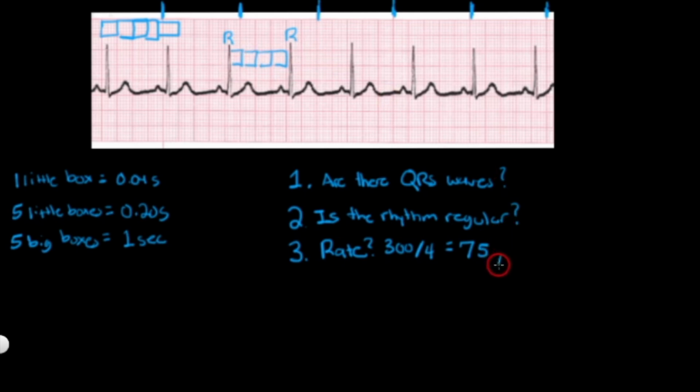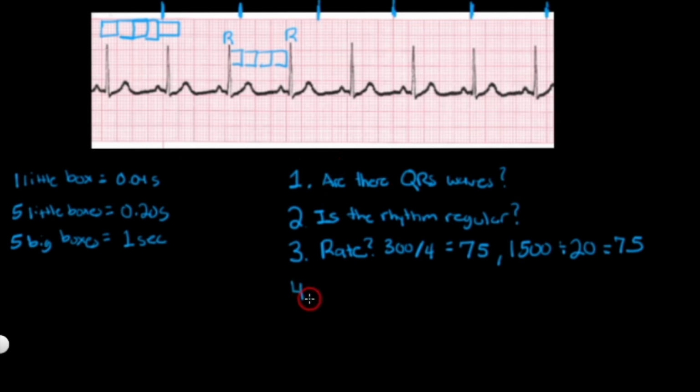In order to do that, you'll do 1500 divided by how many little boxes are in between. We know that there's 5 making up one box, so 5, 10, 15, 20. So we'll do 1500 divided by 20, which also equals 75. That means that for this particular strip, the rate is 75 beats per minute.